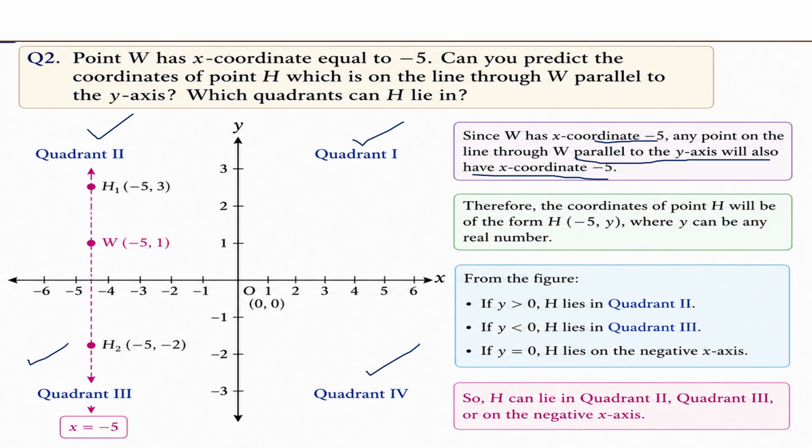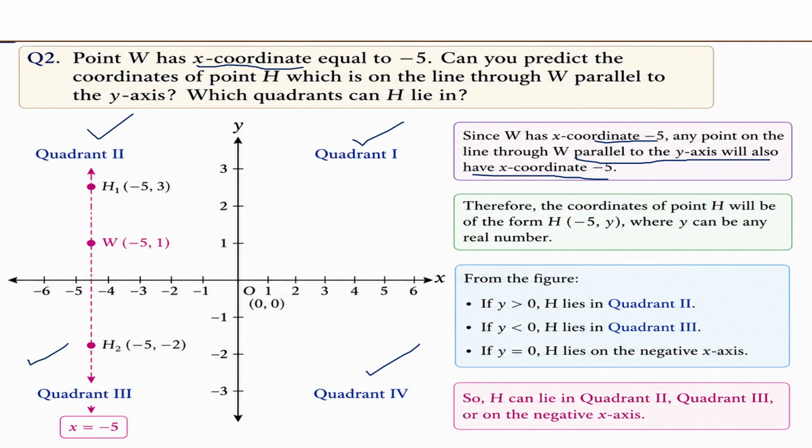So it's not necessary that you have to draw only on -5. Therefore the coordinates of point H will be of the form (-5, y). Please remember, this is your x coordinate equal to -5, and y can be any real number. Hope this point is clear to everyone.